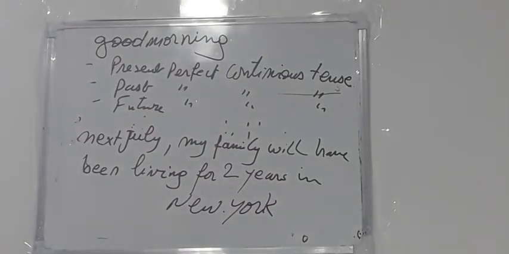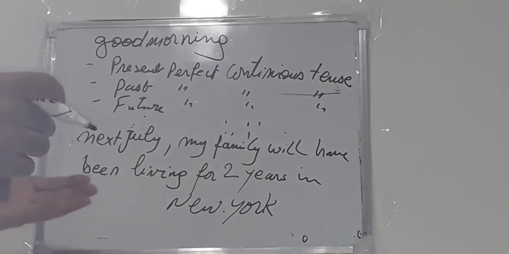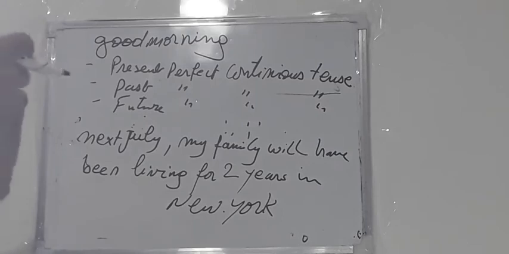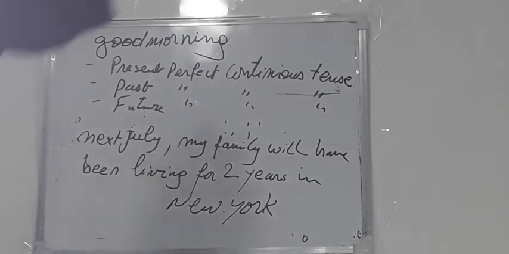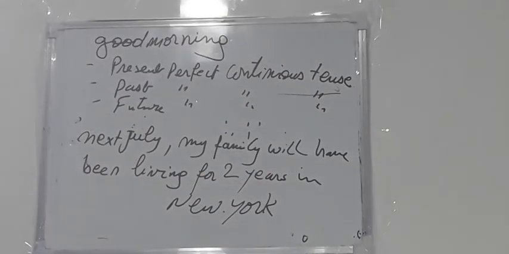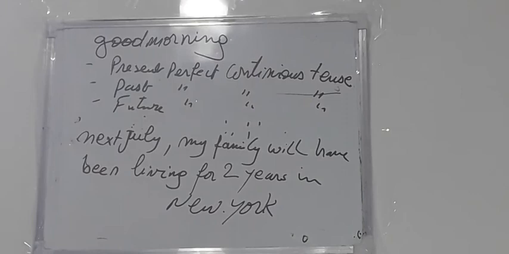Maybe this example is clear. Next July, by next July is the future. My family will have been living for 2 years in New York. That means that they were in New York for a long time. But next July, they will complete 2 years of living there. Okay? Maybe it is clear now.